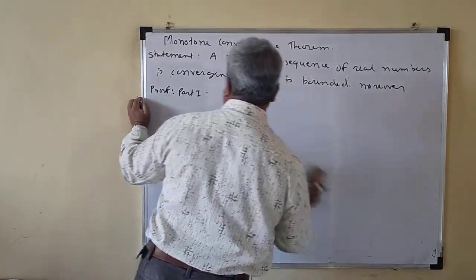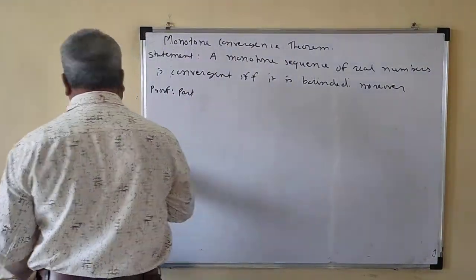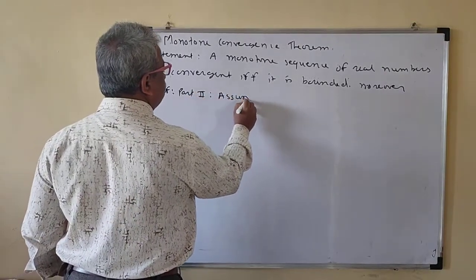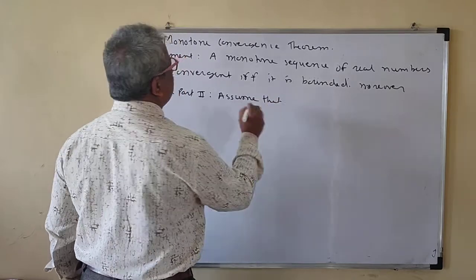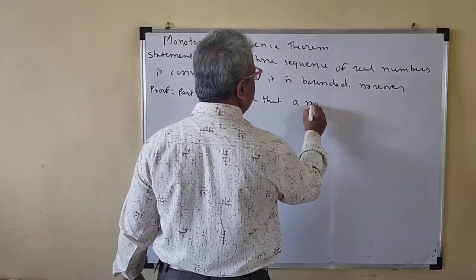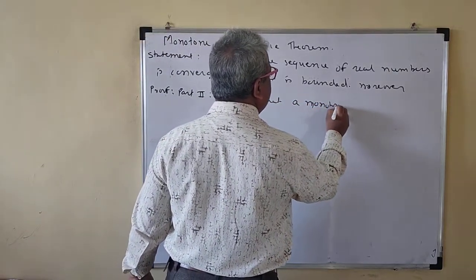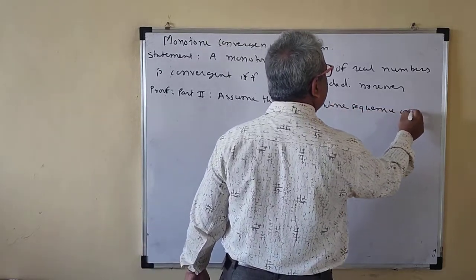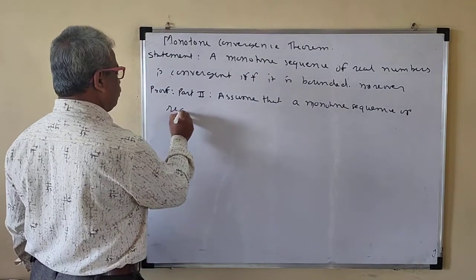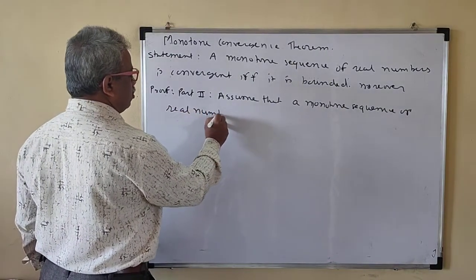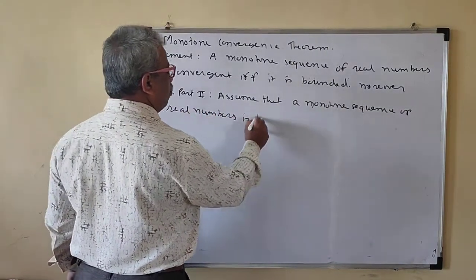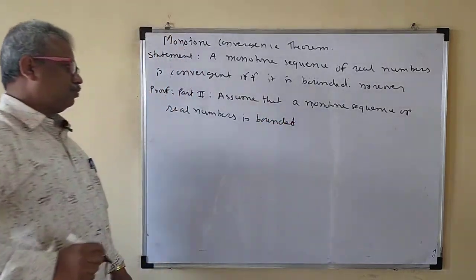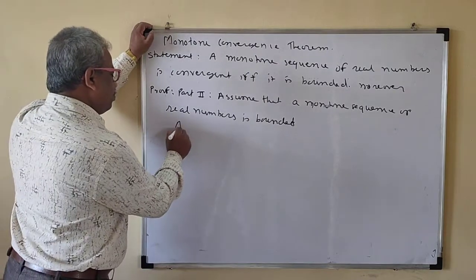In the second part, you have to take a monotone sequence. Part second. Assume that a monotone sequence x equal to (xn) of real numbers is bounded. What is our aim?